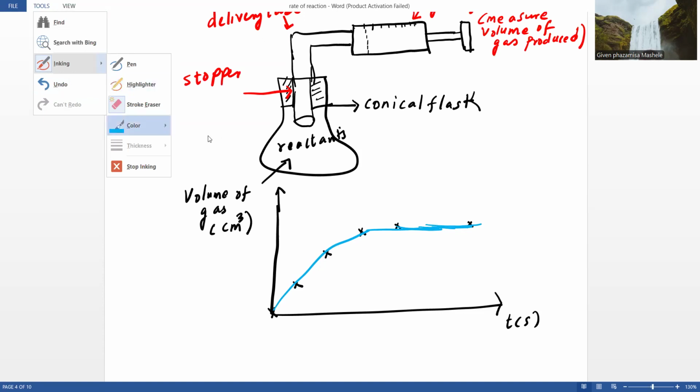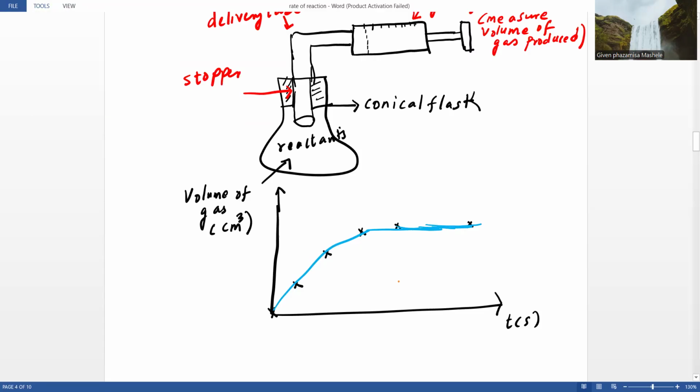Let's say within this period here, let's call it T1. Somewhere here, let's call it T0.